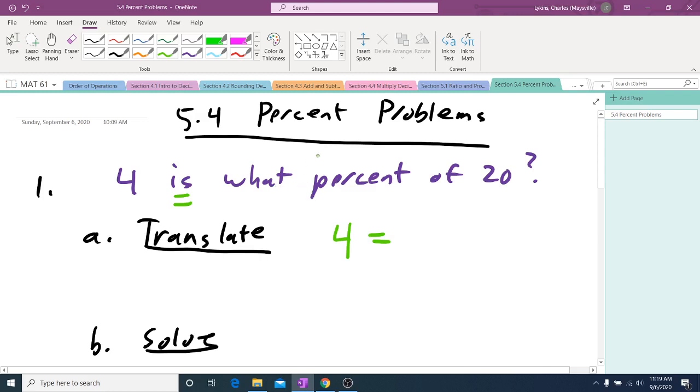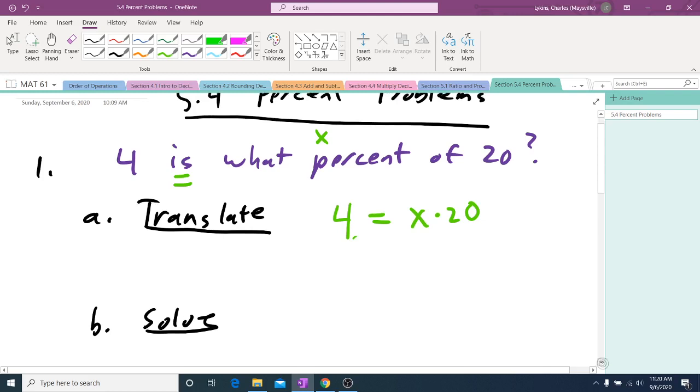"What percent" we can assign to a letter, I'm going to just use X, of 20. Because what we're trying to do is take this percentage, which is X, multiplied by 20, and we should get 4. That's the game plan.